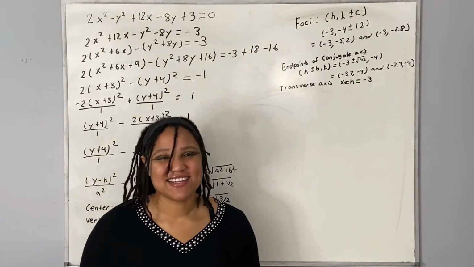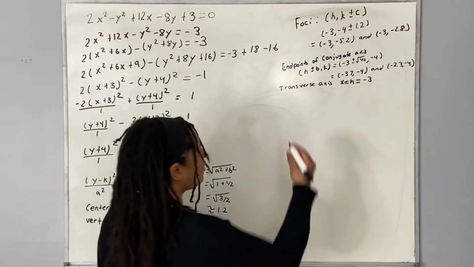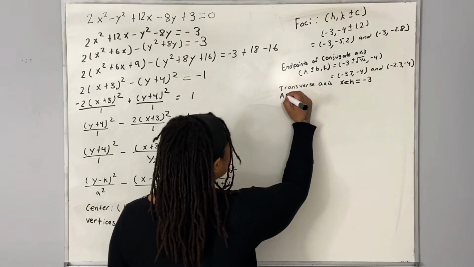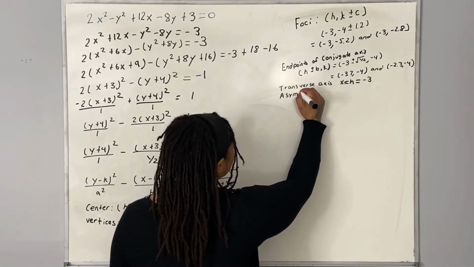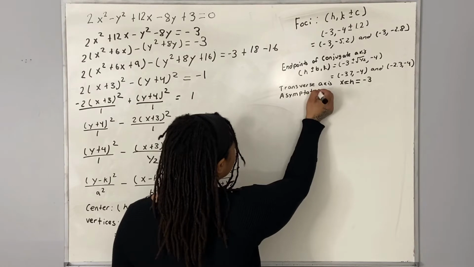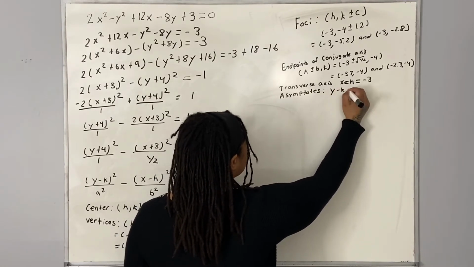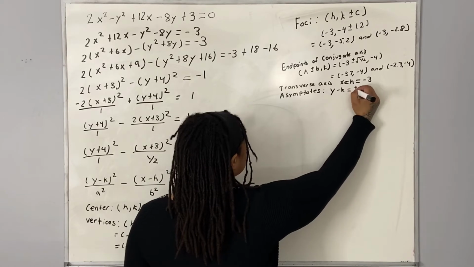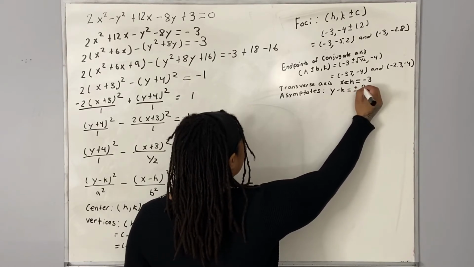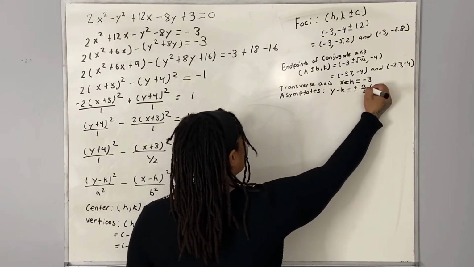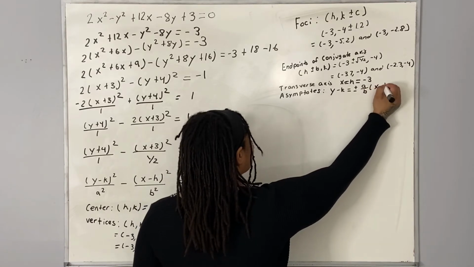Now we want to find our asymptotes. Our formula for our asymptotes is y minus k equals plus or minus a over b times x minus h.